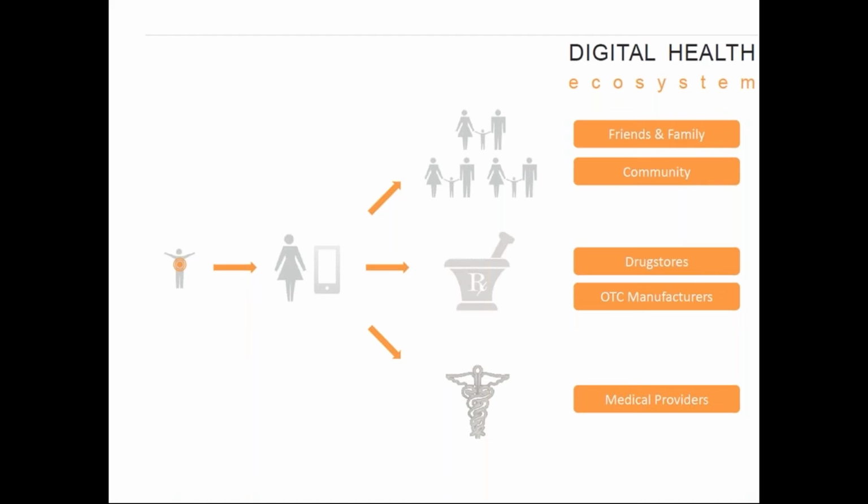So it is not restricted only to family and friends. Then we need to specify to drugstore, drug manufacturer, and medical practitioner and doctors. So in this whole digital health ecosystem, when continuous monitoring is happening, all the stakeholders also get the benefit of getting the information.